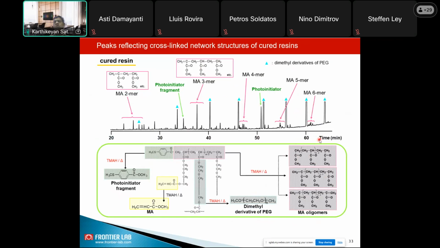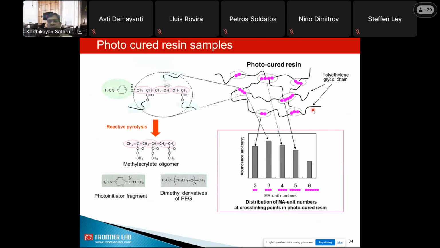Obviously, one wants to see more of this cross-link network structure for the stability of the material. So you can see the peak height. We want to see more of this tetramer, pentamer, and hexamer, which tells of more cross-link network structure formation in this photocuring.